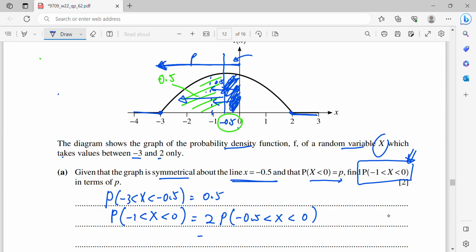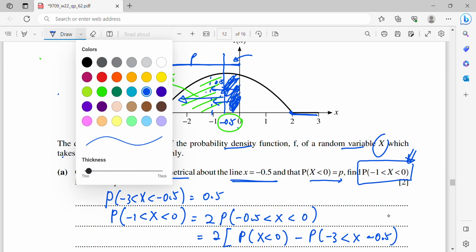So here is going to be P(x < 0) minus P(x between -3 and -0.5), which means the green region.